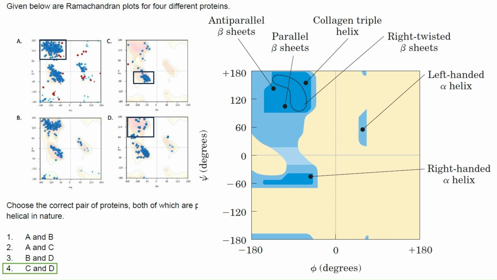In which case, the answer will be, we can see that there are mainly three secondary structures present: beta sheets, right-handed alpha helix, and some of the left-handed alpha helix also. And in a similar way, with the Ramachandran plot of protein C, you could be asked which one of the secondary structures is absent in this plot.